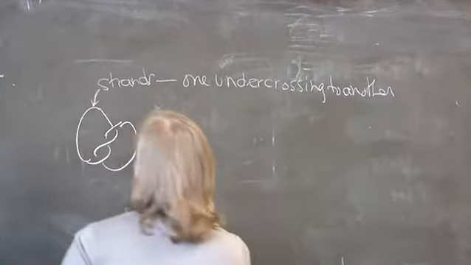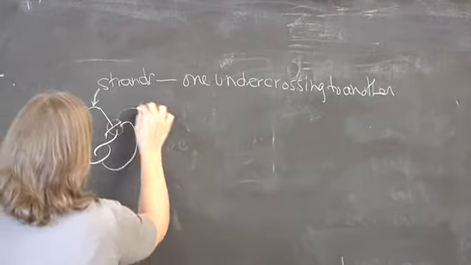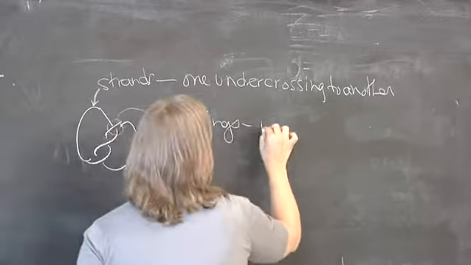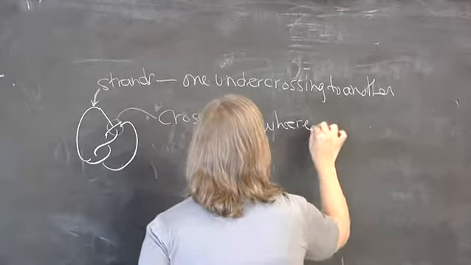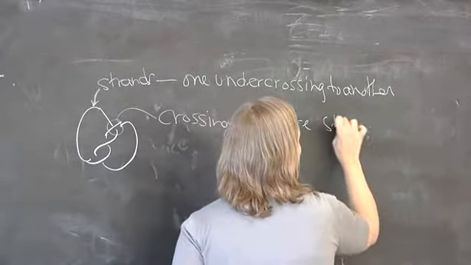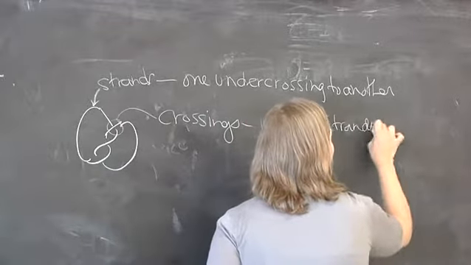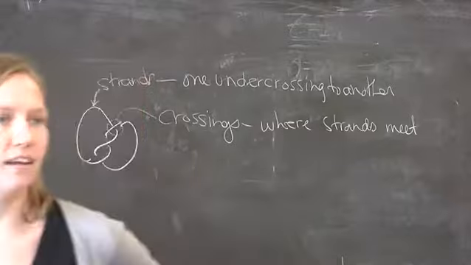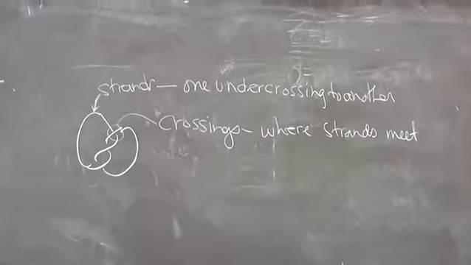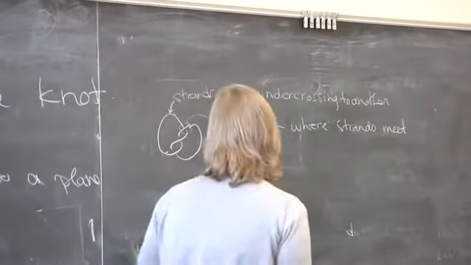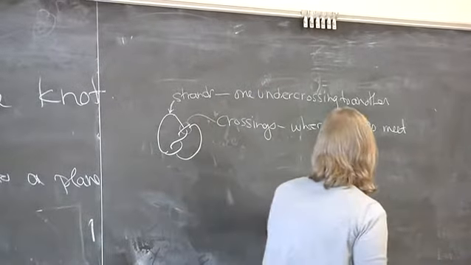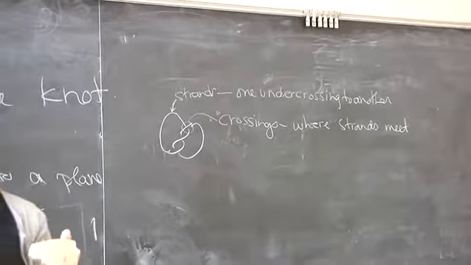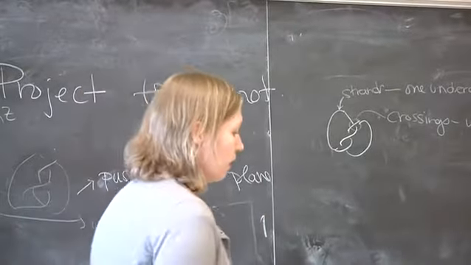And then we have these bits, which are called crossings, and they're where strands meet, so it's kind of a circular definition. But I think you probably get what I'm trying to say there. So you have crossings and strands. And so that's where the idea of coloring is going to come in, where we're going to color the strands, and the colors will meet at crossings.